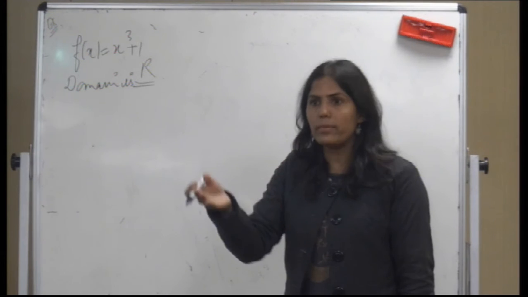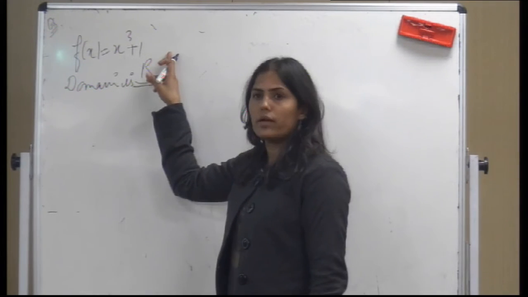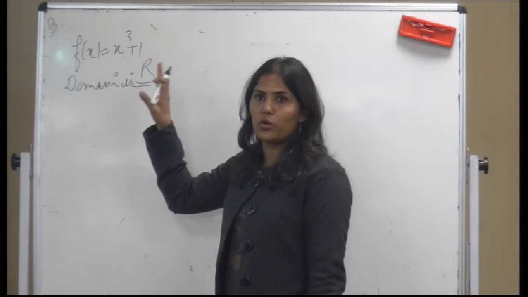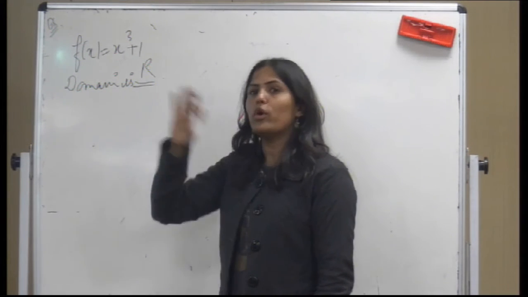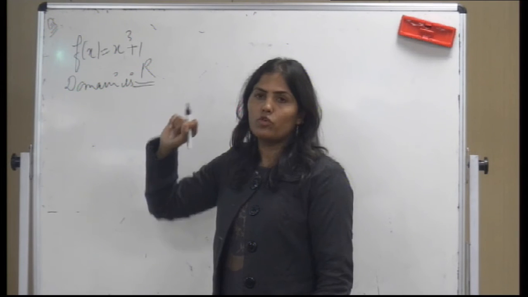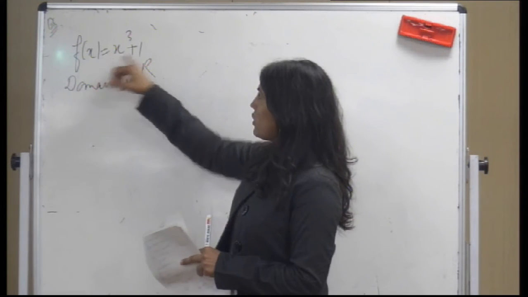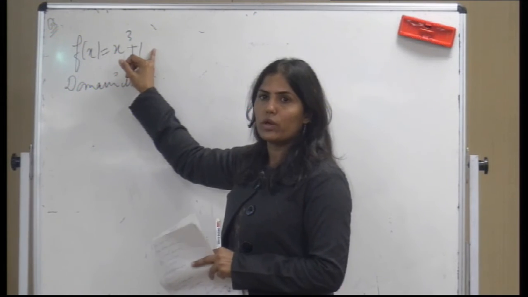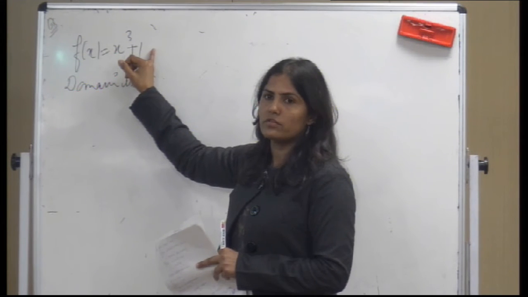You can use other methods also. So x cube plus 1. Which method do you want to apply? I want to know the points of maxima and minima of this function. Can you easily figure it out, or will you use a method to answer this question?